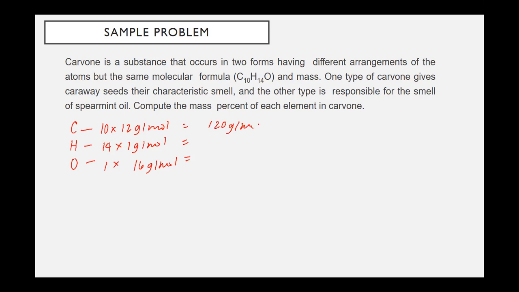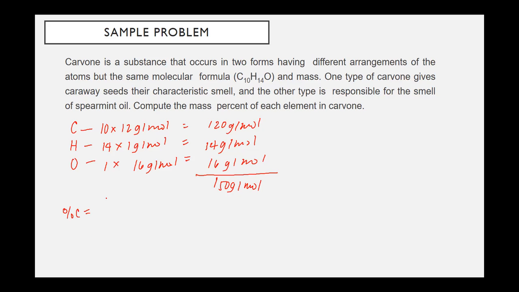Carbon will have 120 grams per mole. 14 grams per mole, 16 grams per mole. So our molecular weight is equivalent to 120 plus 14 plus 16 equal to 150 grams per mole.